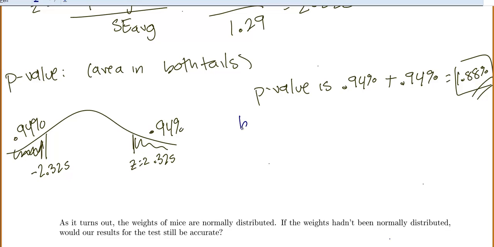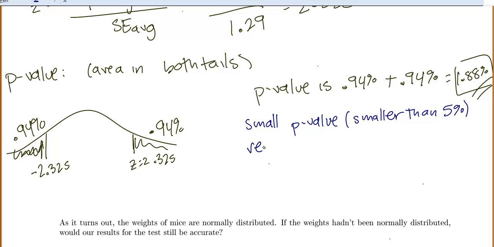Now, this is a small p-value. Specifically, it's smaller than 5%, which is our cutoff.